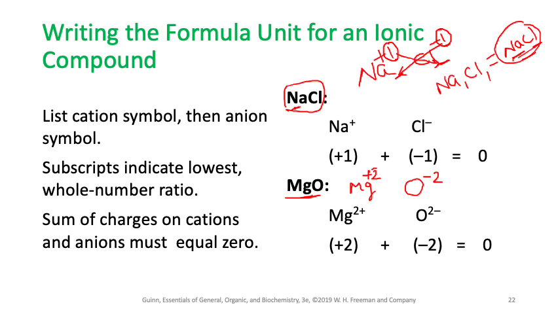So just take the number 2 and cross multiply, and you will get Mg2O2, and if you reduce this you get the common ratio of MgO, right? So the formula will be MgO.